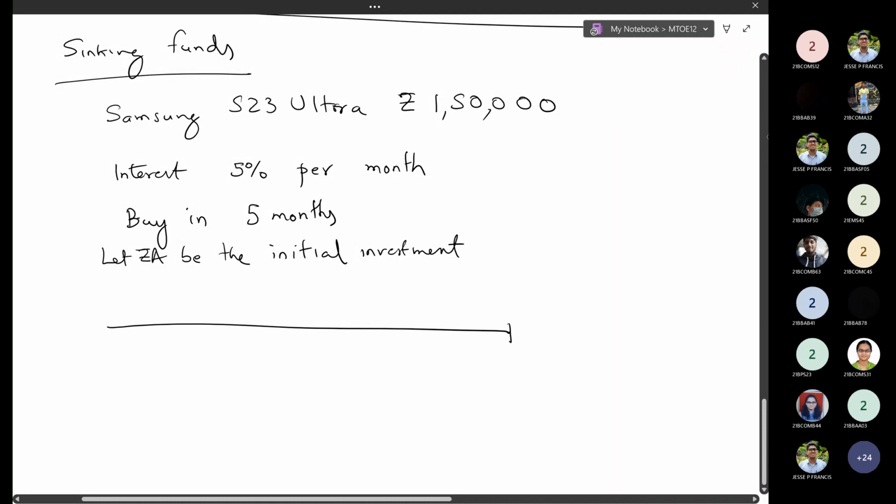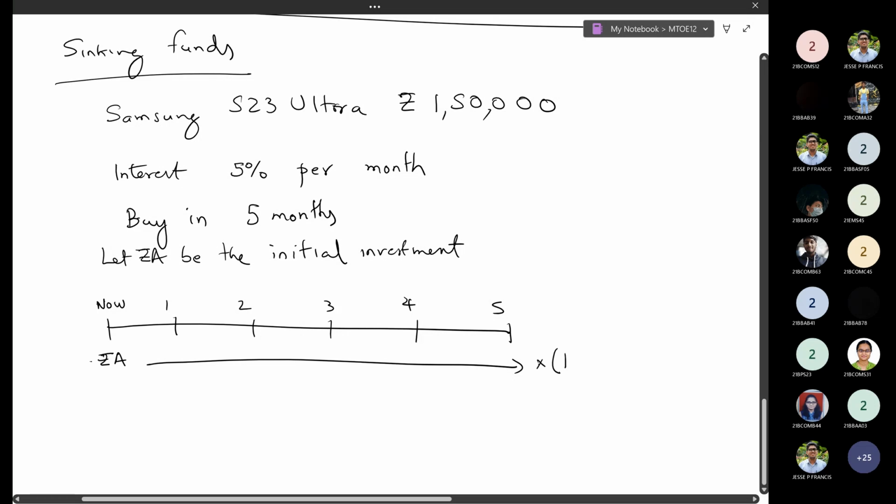So now we are going to invest rupees A. We don't know how much it is. And we are going to invest for month 1, month 2, month 3, month 4, month 5. Rupees A is invested for 5 months at 5% interest.